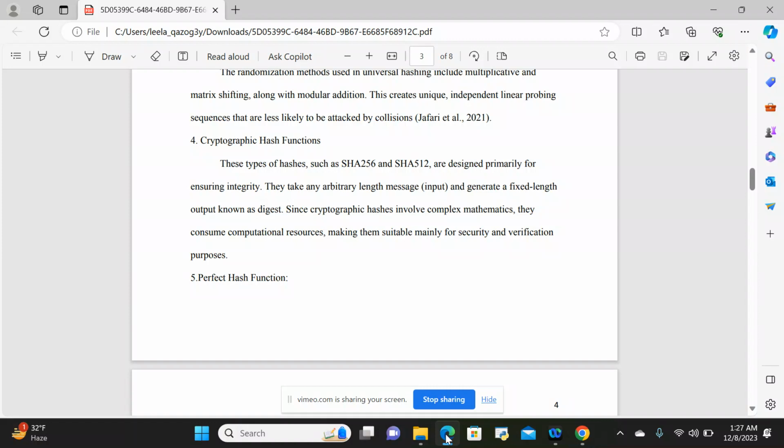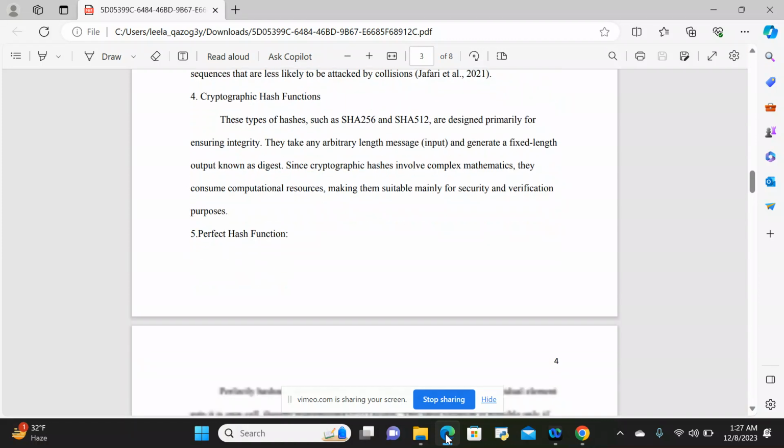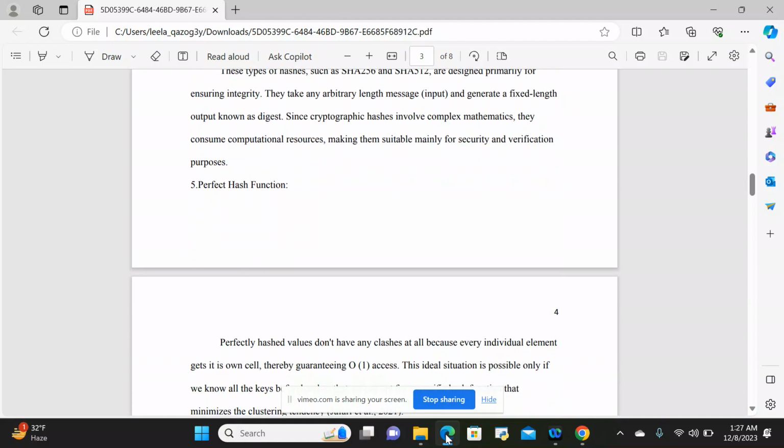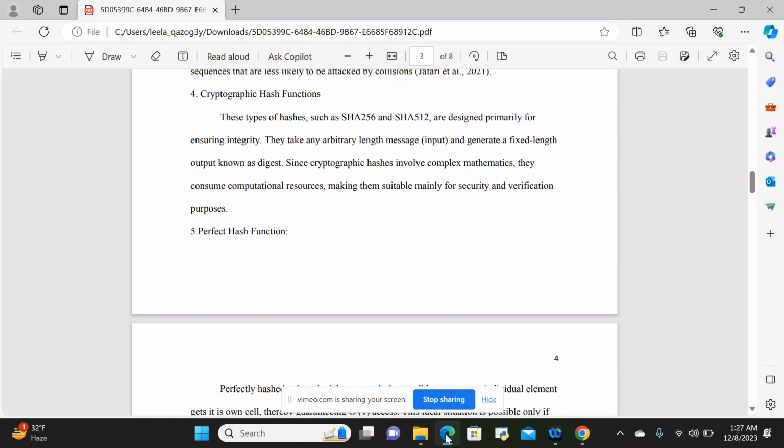Cryptographic hash functions. Hashes such as SHA-256 and SHA-512 are designed primarily for ensuring integrity.